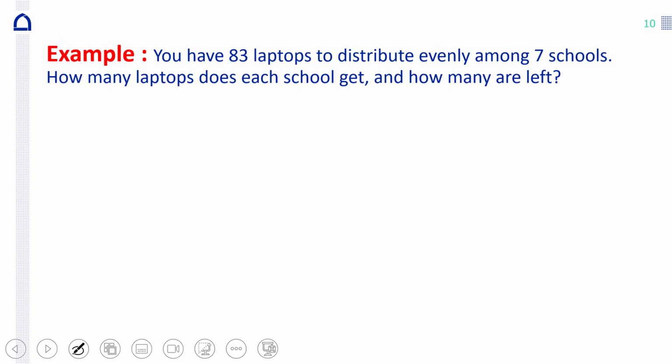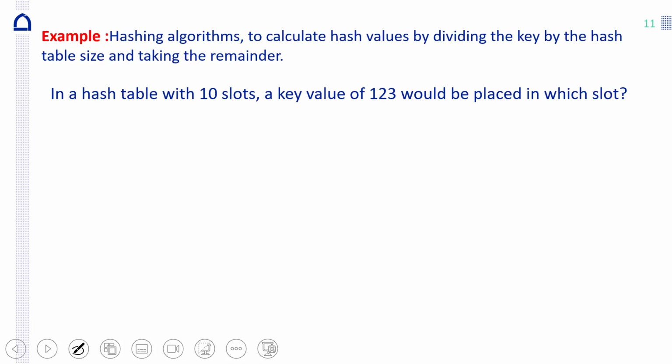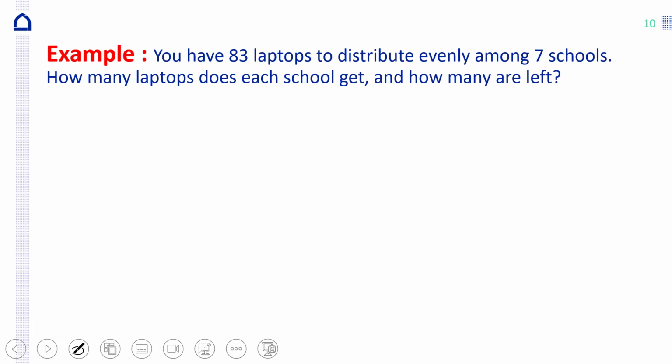If you have 83 laptops distributed evenly among 7 schools, how many laptops does each school get and how many are left? This is exactly what you are going to do: I'm just dividing 83 by 7. This is step 1. The closest to 83 is 7 times 11, so I say 11.